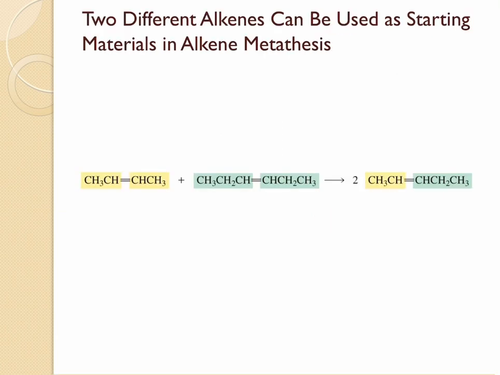You can also do the alkene metathesis reaction with two different alkenes. In the previous examples, we took only one type of alkene, and two of those molecules reacted together to give us the product. But here the reaction can also be performed with two different alkenes. Let's arrange this.